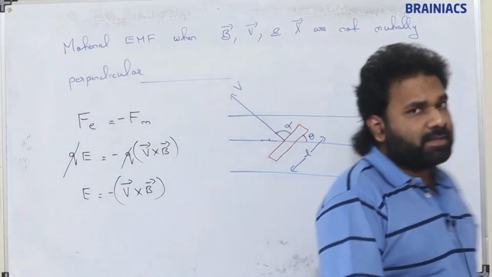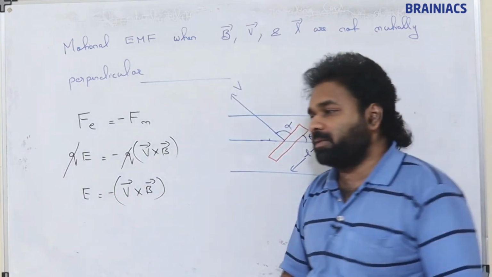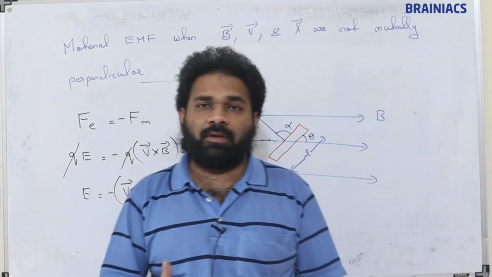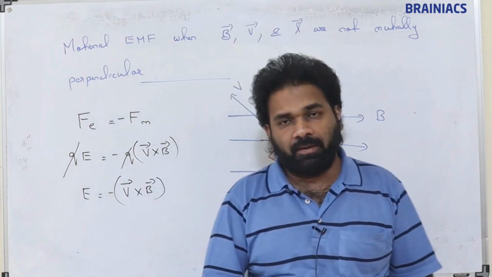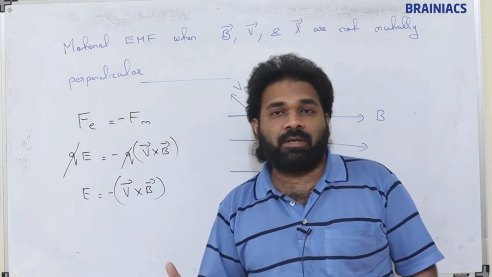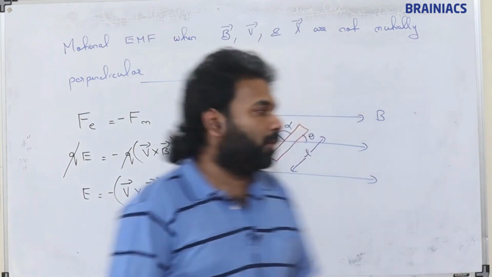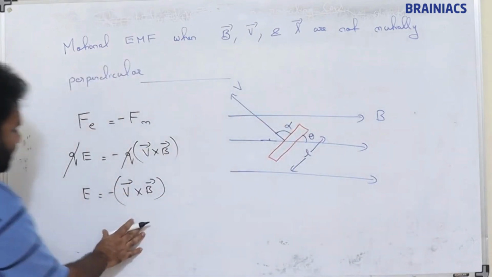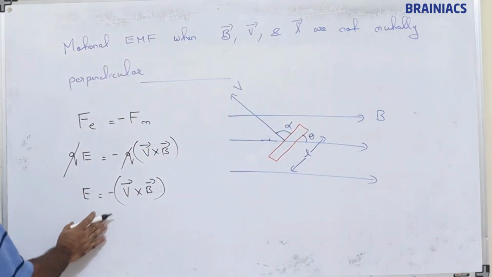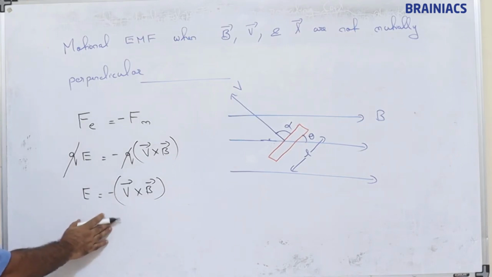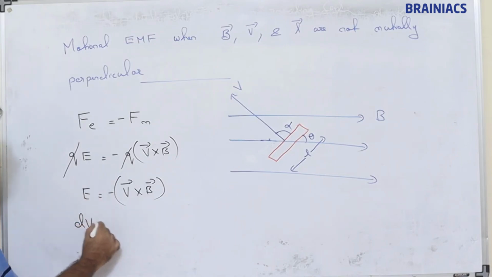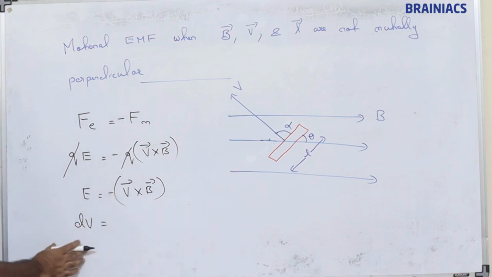And what is the potential difference and electric field relation, which we have studied in electrostatic potential and capacitance? We have studied the relation between electric field and difference in potential.